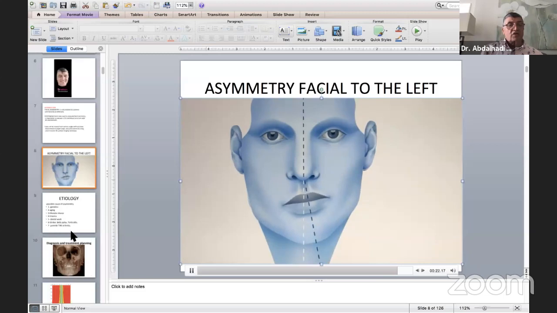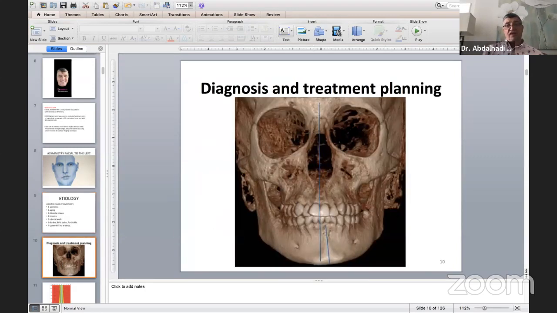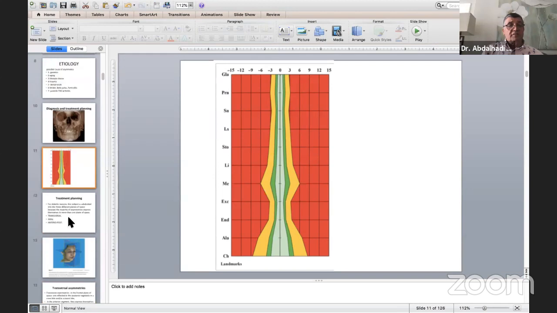And also starting from the Frankfurt, the etiology: genetic, aging, lifestyle, trauma, dental work, stroke, palsy, juvenile TMJ, etc. And the facial cephalometric is important to measure. The lines that we use: glabella, pronasale, subnasale, labiale superius, stomion, labiale inferius, menton, all these to determine the midline.